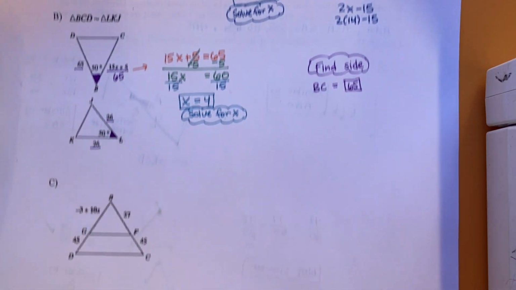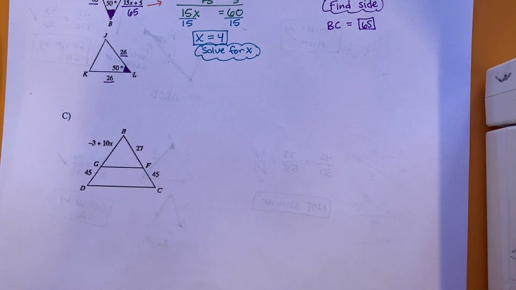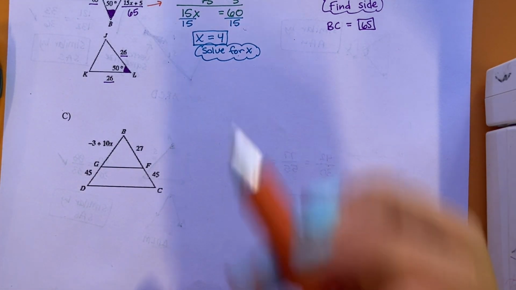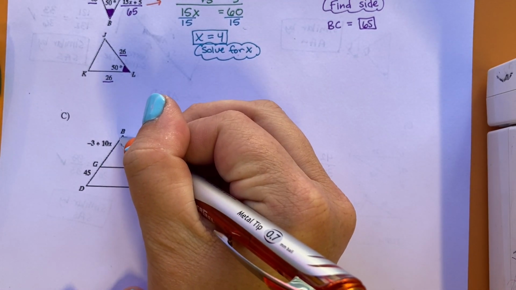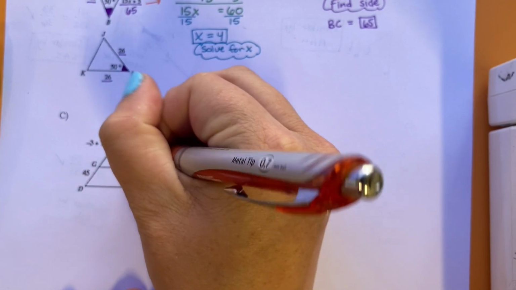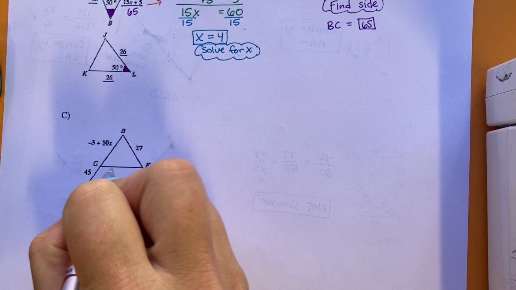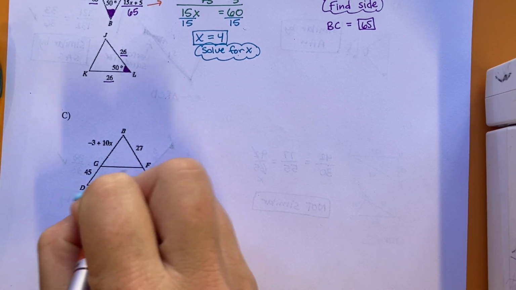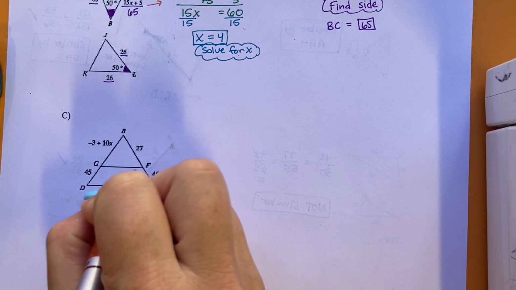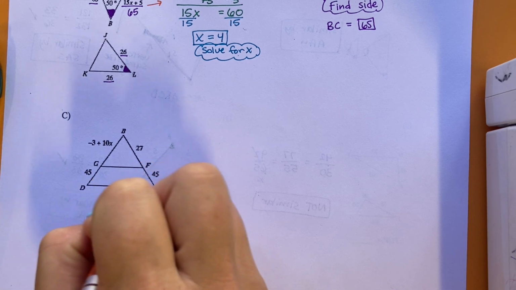All right, question C. We're gonna set up a proportion. So I'm given side lengths, side length, side length, side length. I'm not given a base of the triangle. If you're ever given a base of a triangle, you have to be really careful.